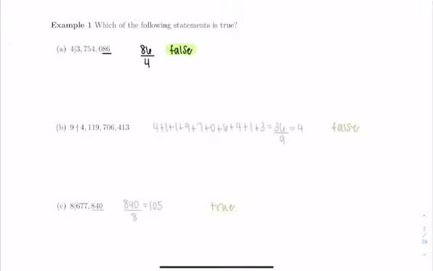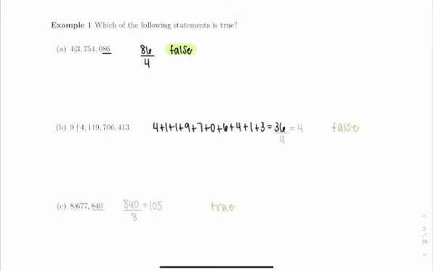What about the second one? We've got 9 does not divide 4,119,706,413. By the table, the sum of the digits must be divisible by 9, so we need to add them together. 4 plus 1 plus 1 plus 9 plus 7 plus 0 plus 6 plus 4 plus 1 plus 3 gives me 36.